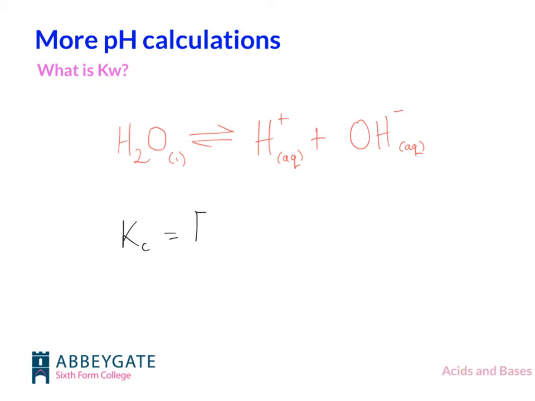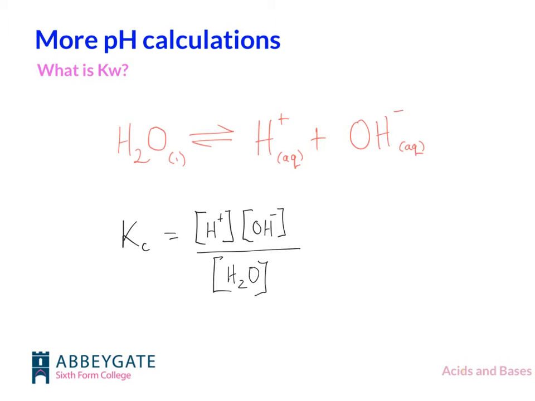Kc is the concentration of the products divided by the concentration of the reactants. Now, in this particular equilibrium, many millions of times more water exists than the hydrogen ions and the hydroxide ions.